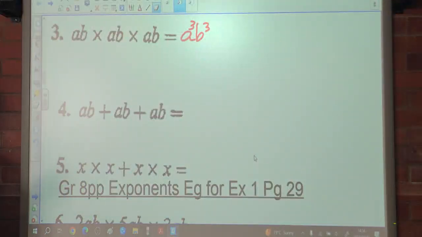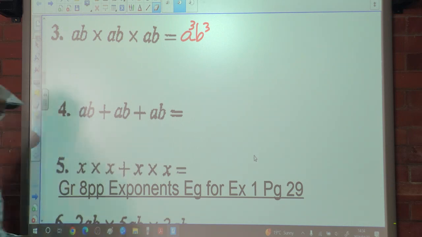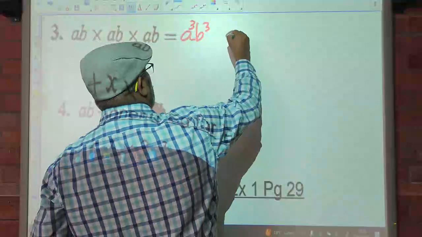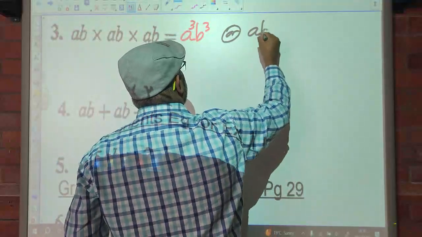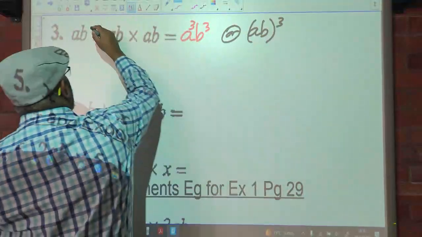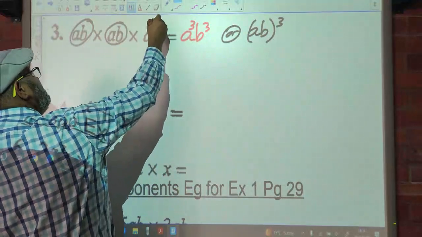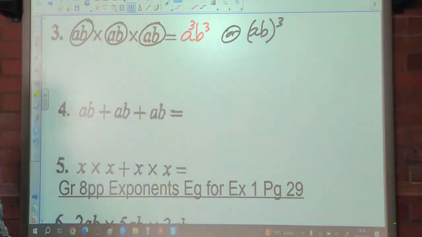Yes? So can we also mean AB in brackets? Because AB is being multiplied by AB, so it's exactly the same thing multiplied by itself thrice. Okay.